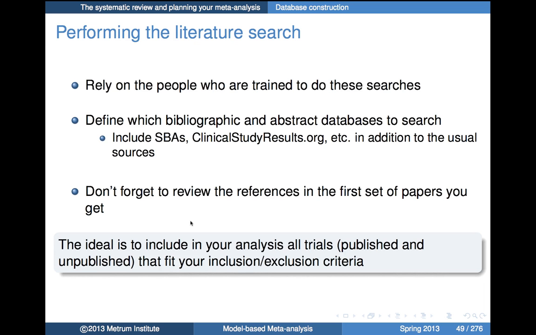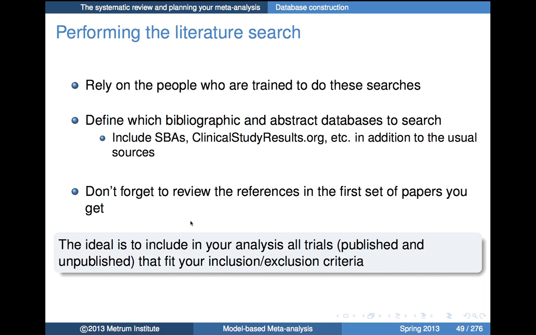And when you're reporting those, you should always define what bibliographic and abstract databases were searched. In particular, in addition to things like PubMed, whether you searched summary basis of approval documents from the FDA, or whether you took results from clinicalstudyresults.org, for example, and other sources.